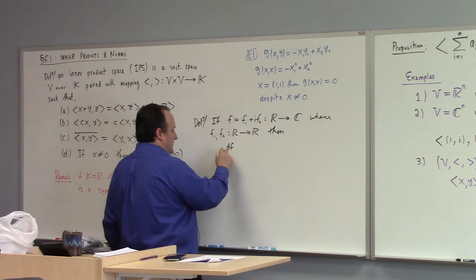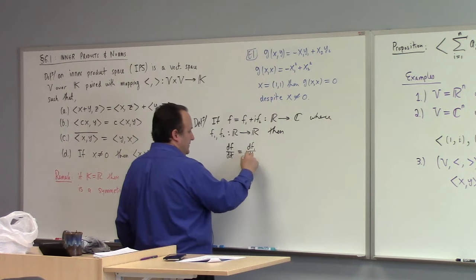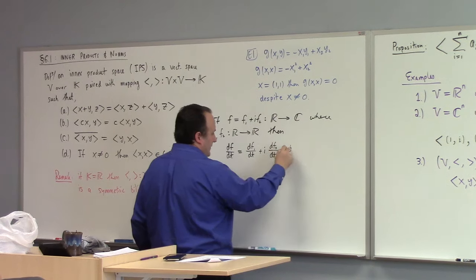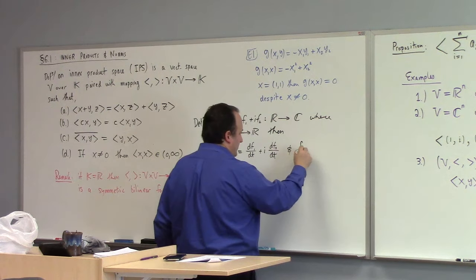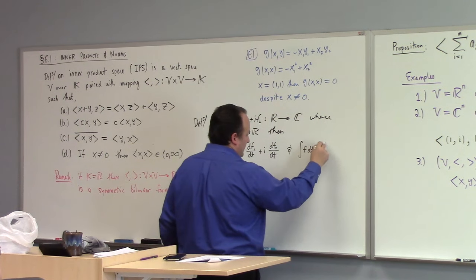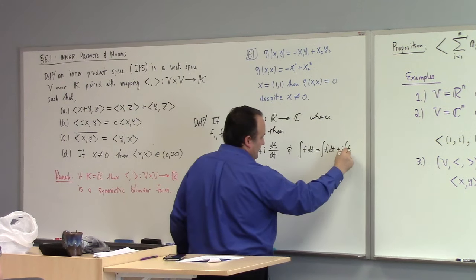Well, df/dt is by definition df1/dt plus i df2/dt, and the integral of f dt is going to be equal to the integral of f1 dt plus i times the integral of f2 dt.